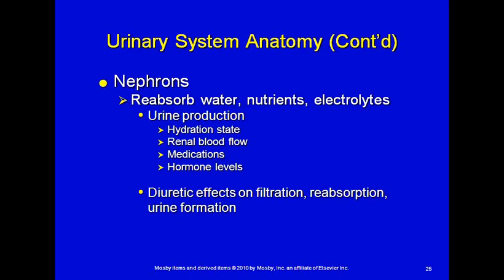Your bladder continues to fill, but being able to urinate becomes a major problem on some of those medications. And then your hormone levels affect the urine production as well.